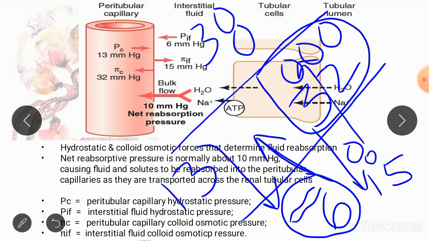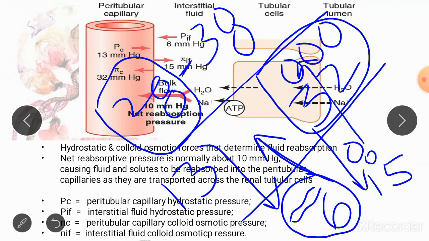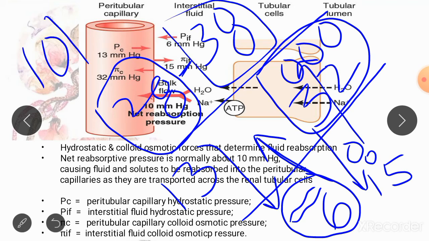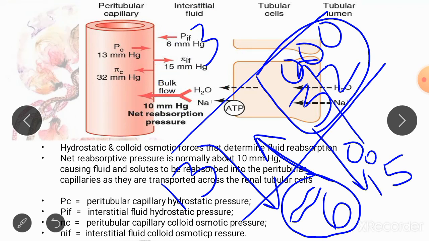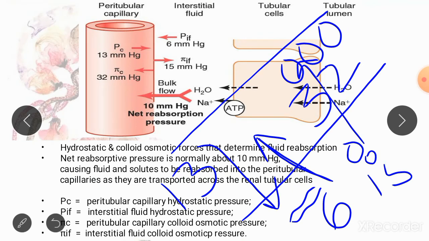So inward forces are 38 millimeter mercury, while the outward forces, by adding 13 with 15, total 28 millimeter mercury. The inward forces are greater, so the difference is around 10 millimeter mercury, and this is going to be an inward force. So there is going to take place reabsorption at the peritubular capillaries with a force of around 10 millimeter mercury.